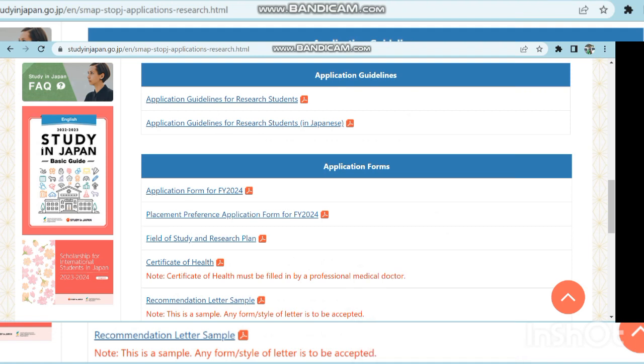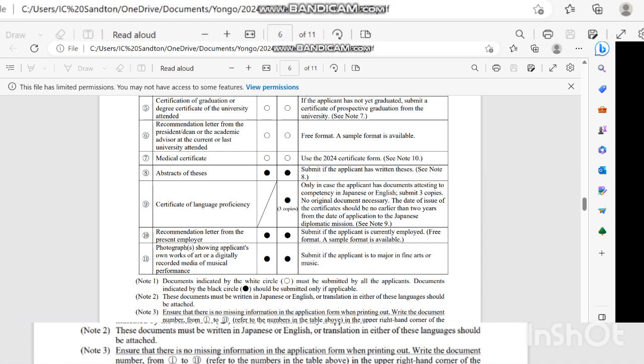Okay. Then abstract of thesis. In my introductory video, my first video on this channel, I talked briefly about how these documents here that are in black are not mandatory. So abstract of thesis only applies to people who have done research at undergraduate, because we're talking about masters, right?